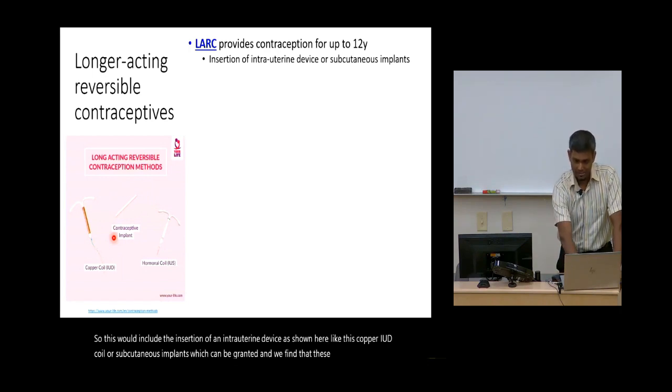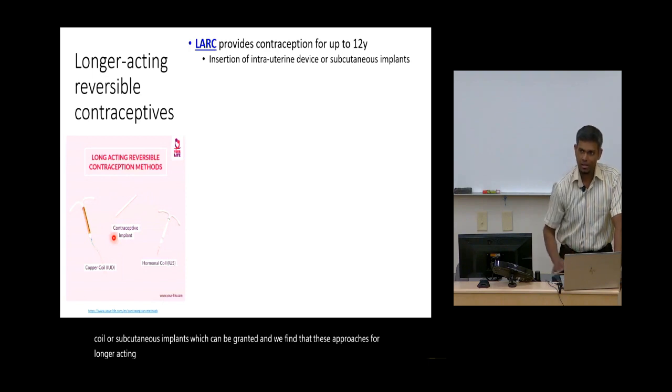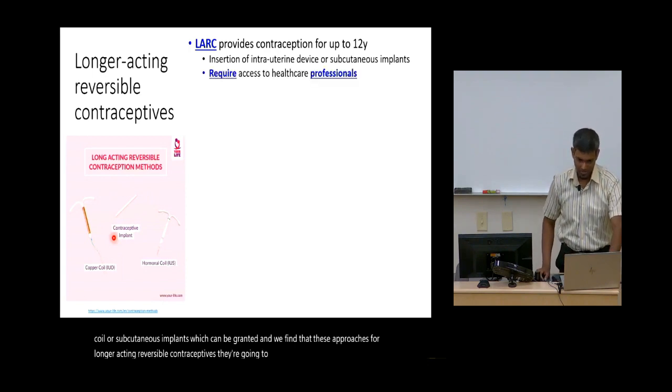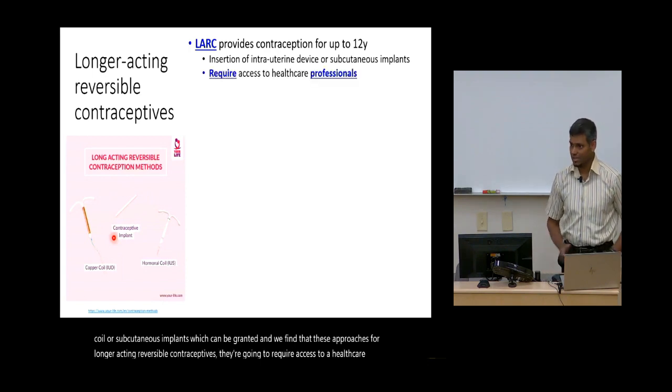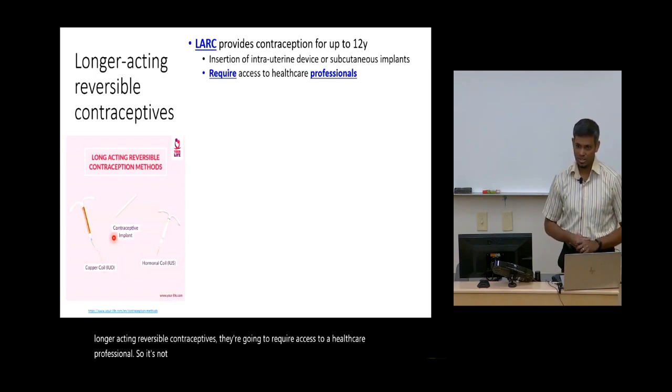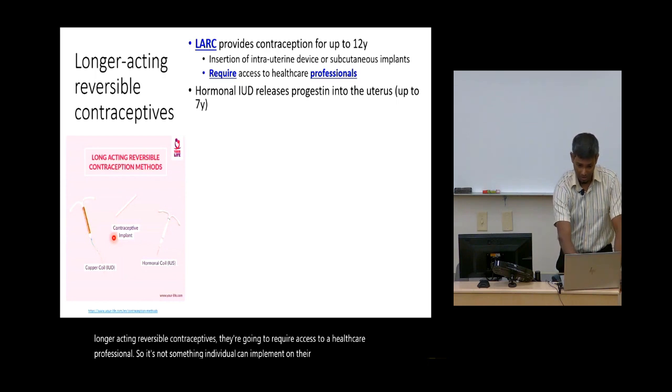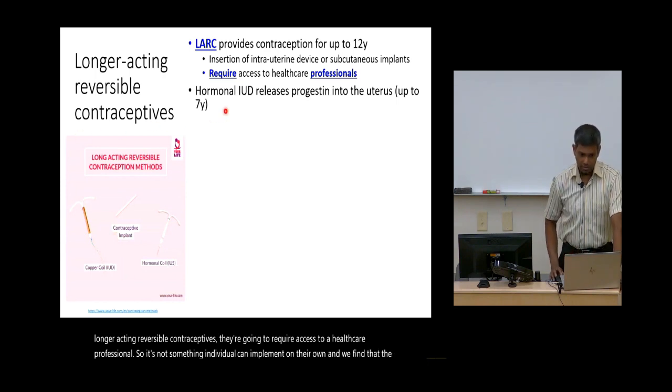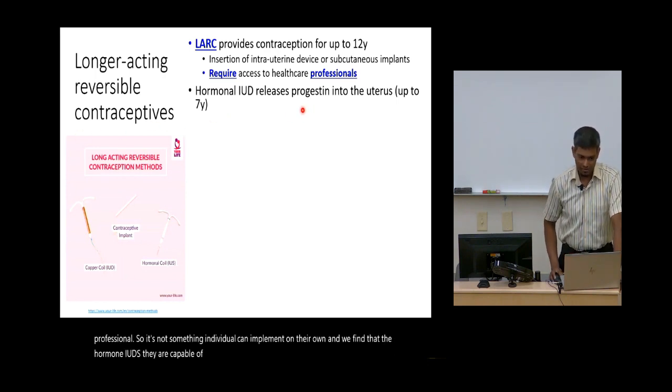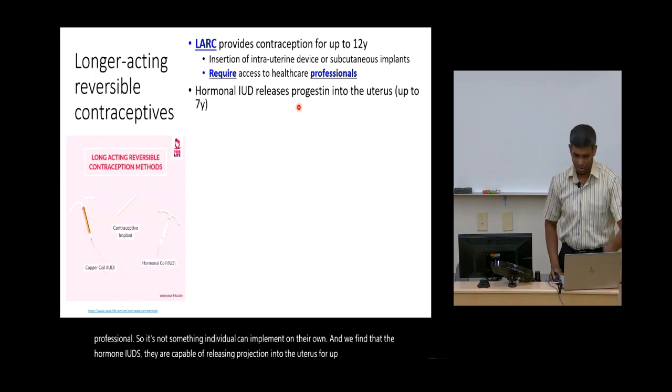And we find that these approaches for longer acting reversible contraceptives are going to require access to a healthcare professional. So it's not something the individual can implement on their own.